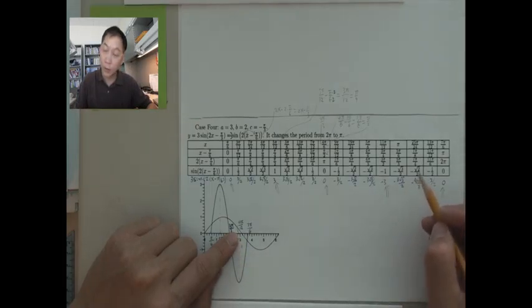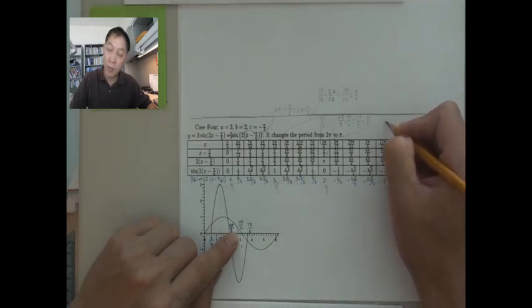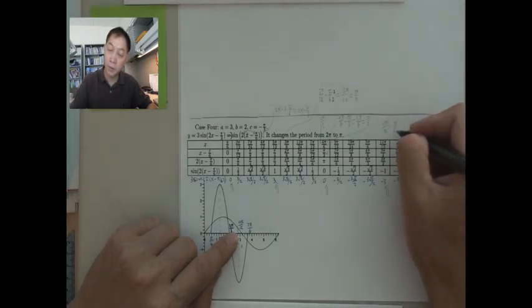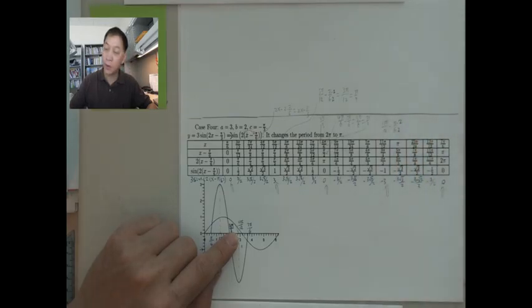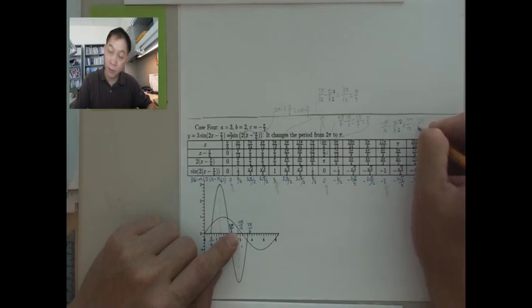That will be this point, 11 pi over 12 for x, 11 pi over 12 minus pi over 6. Not the same denominator, so multiplied by what? 2. You get denominators that are the same. Now denominators are the same. Numerator is 11 minus 2, which is 9. You do common factor 3, so it's 3 pi over 4.